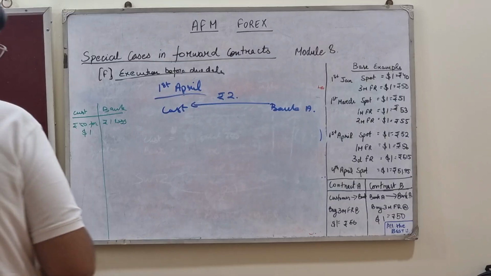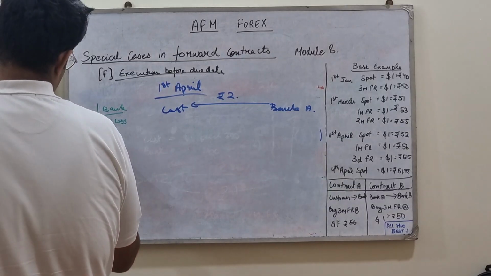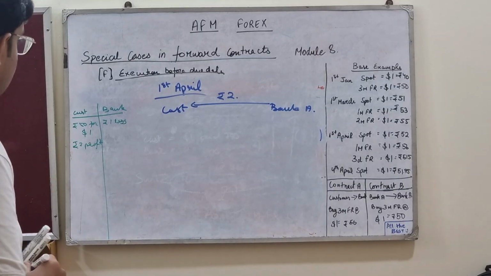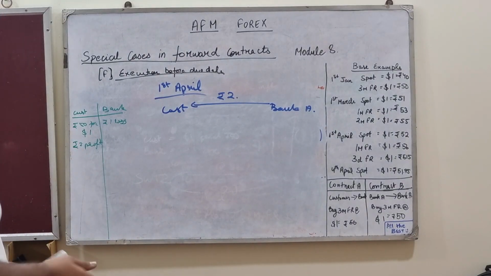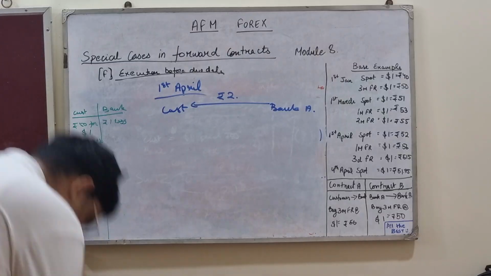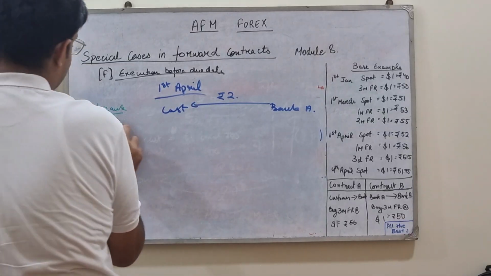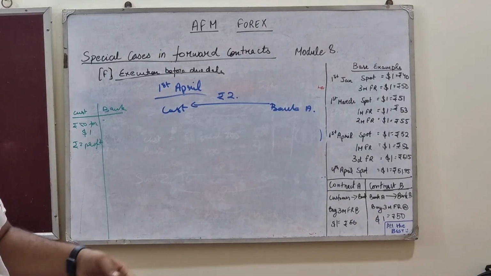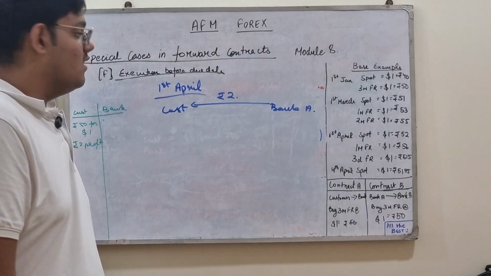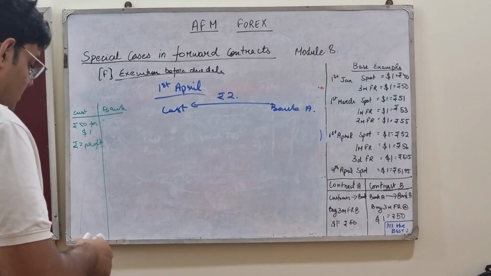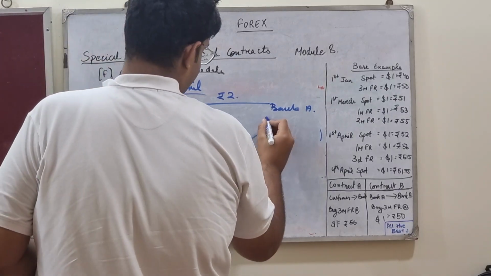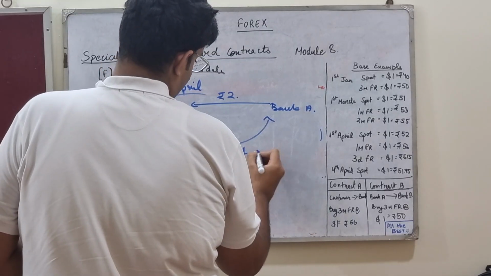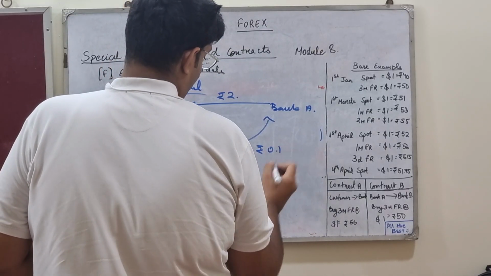So the customer has a 2 rupee profit and the bank's 1 rupee loss is now compensated. I will get back to it. But still, the bank had a cash outflow for 1 rupee for a month. So the customer will give to the bank interest of rupees 0.1.